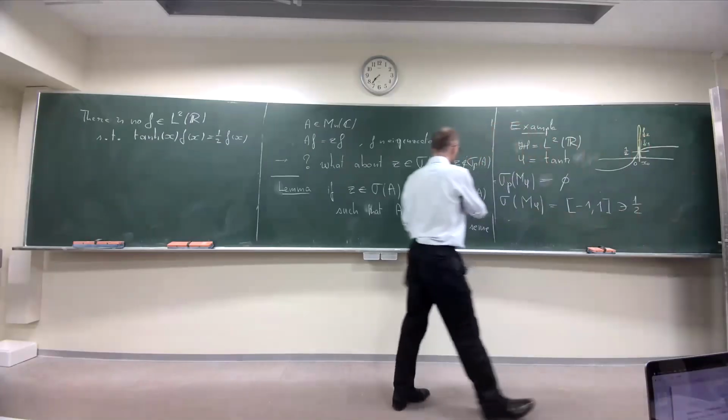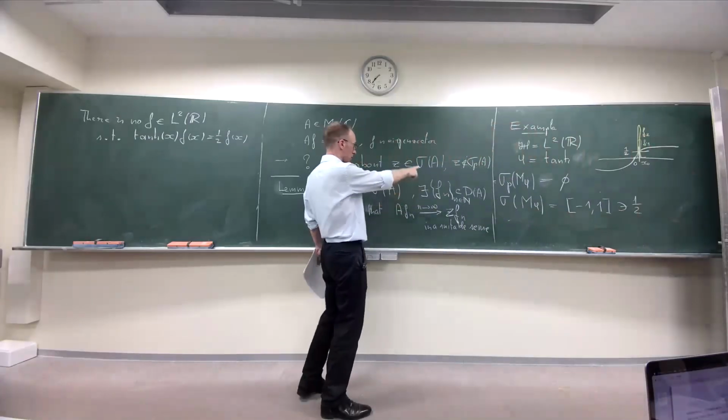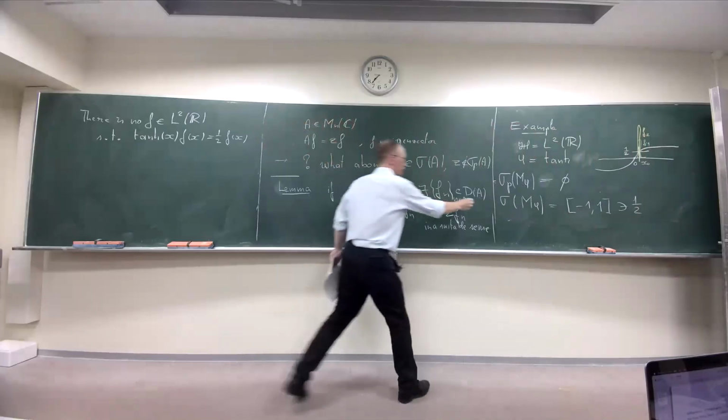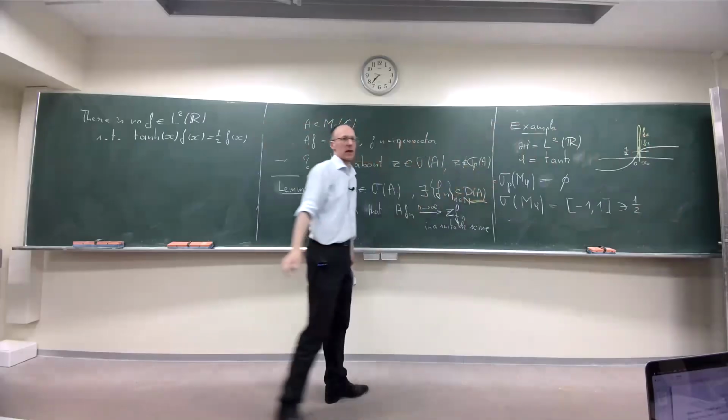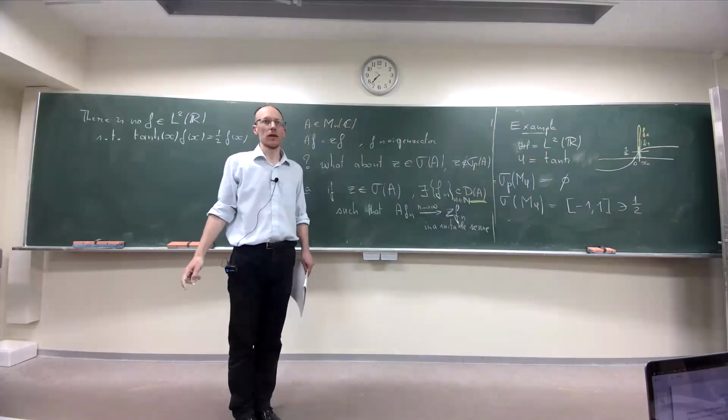They are all in the domain. For this example, the domain is everything, so there is no constraint.